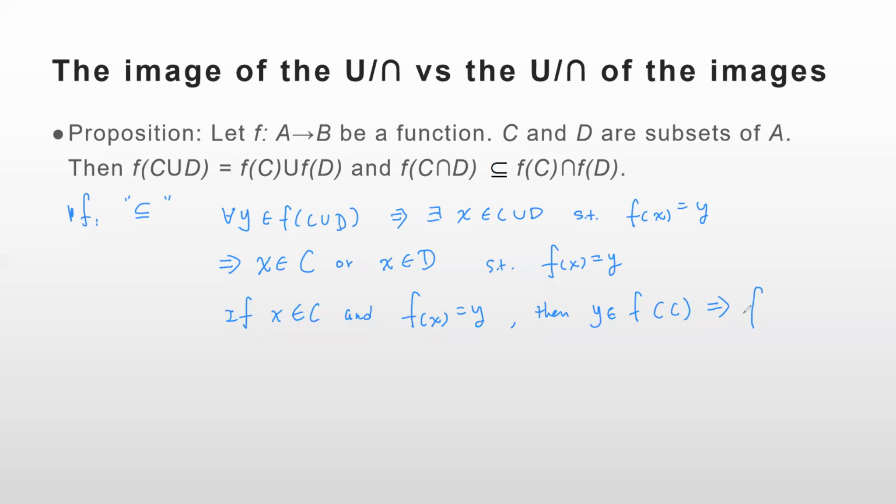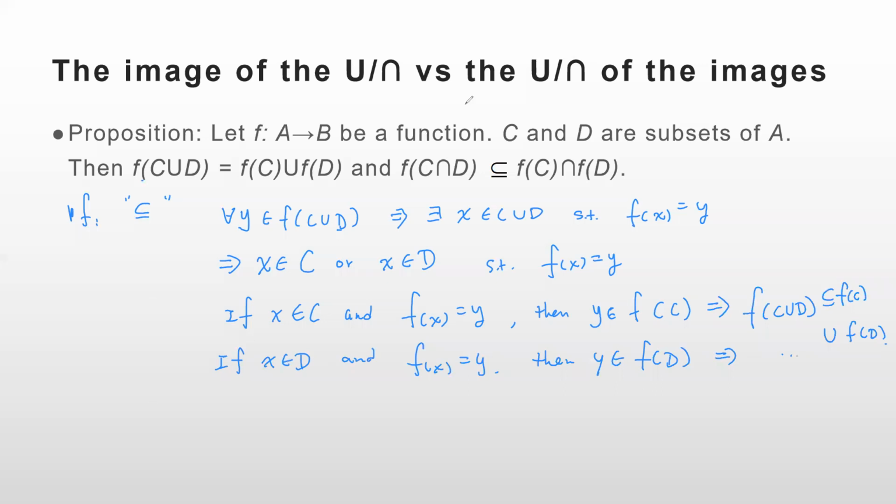For this particular case, f of C union D is a subset of f of C union f of D. And on the other part, if x is in D and f of x equals y, then you would have y is in f of D, then you have the same result. So both cases give you a subset of the left side, a subset of the right side. So we have shown this direction.